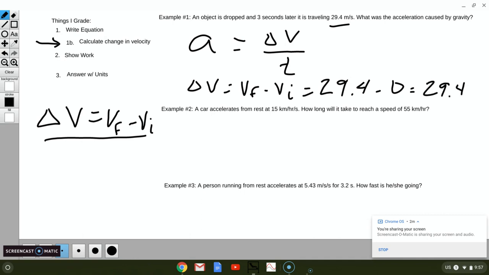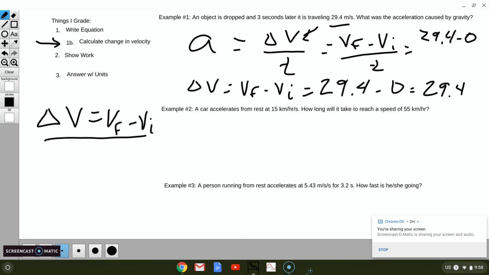Some people like to do it that way first, and then plug it straight in for the change in velocity. Some people like to use this version of the equation, and it's totally fine. They do it all in one step: they put the final velocity in as 29.4, subtract 0. Notice you end up with the same thing.